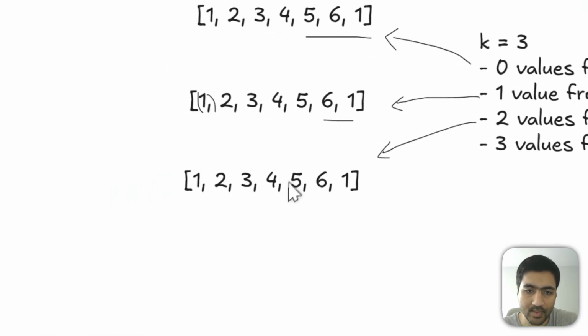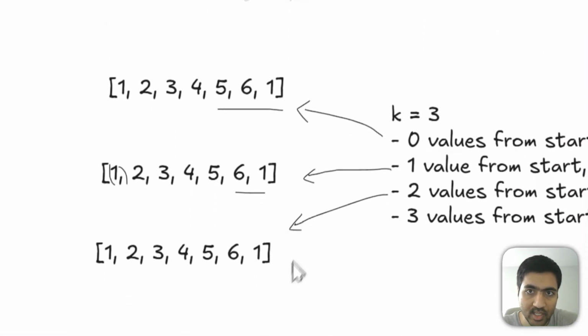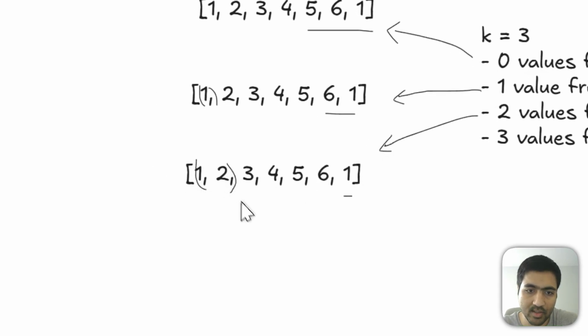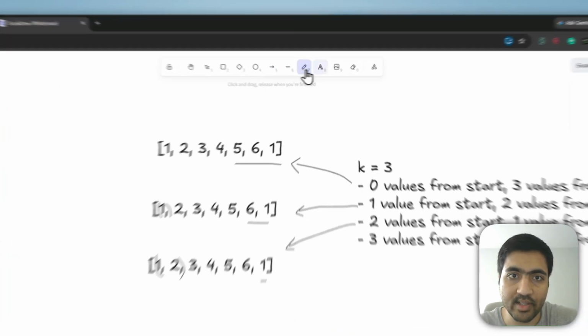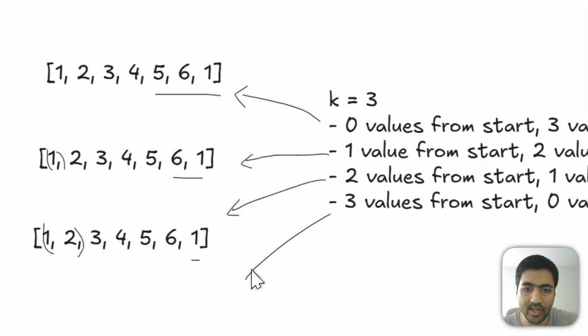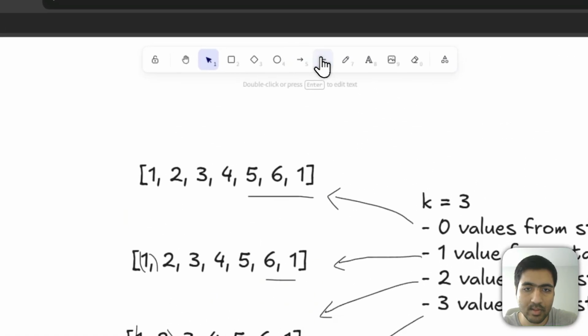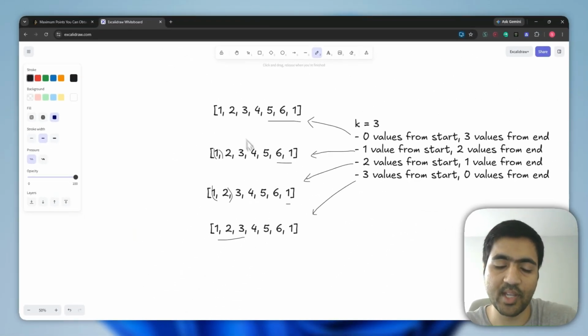Let me write that down, copy that array again, 2 from the start and 1 from the end. And finally let's write this final case, 3 from the start and 0 from the end.